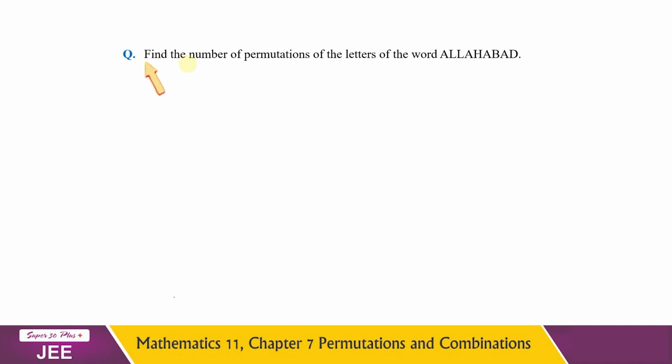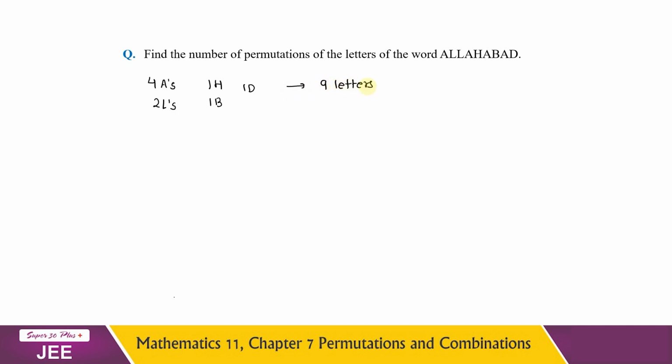This question says, find the number of permutations of the letters of the word Allahabad. So we have a word Allahabad in which we have 4 A's, 2 L's, and apart from these we have one H, one B and one D. So in all we have 9 letters in this given word.